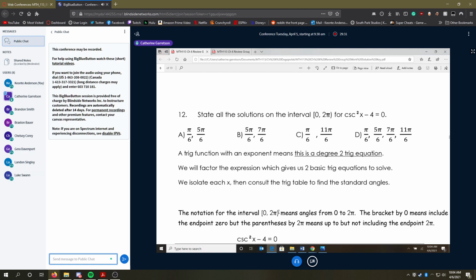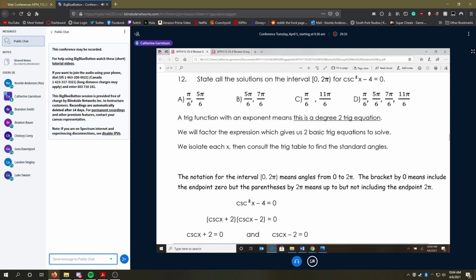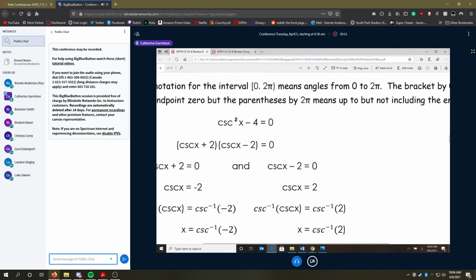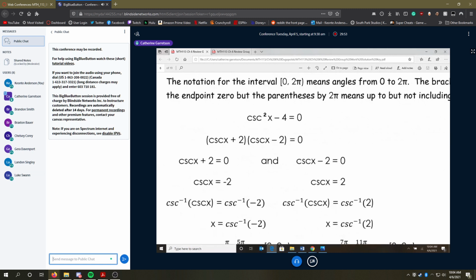And so what I'm going to do is I'm going to factor that, and cosecant times cosecant is cosecant squared, and then a plus 4 and a minus 2 multiply to give me the negative 4. Now I set each parentheses equal to 0, and now I've got two basic trig functions or equations.